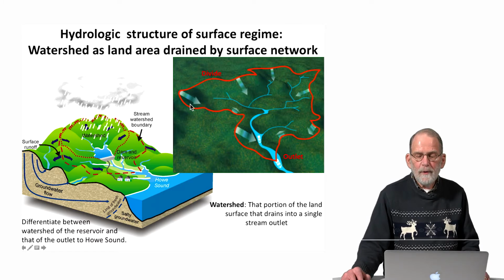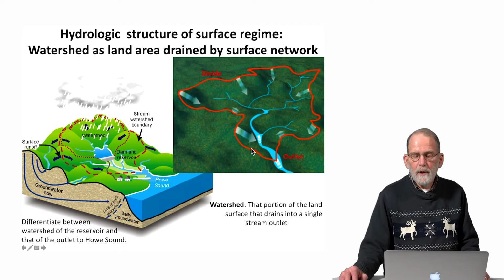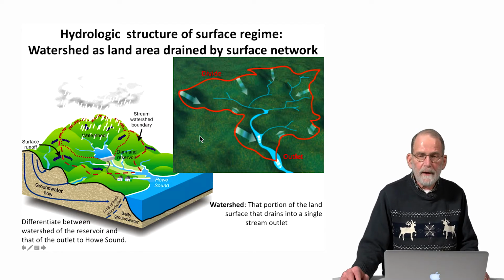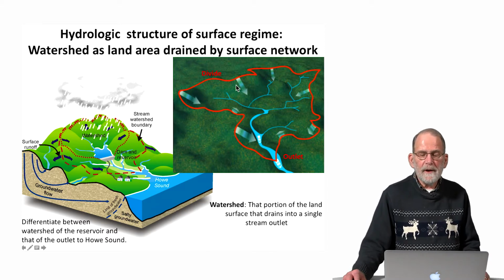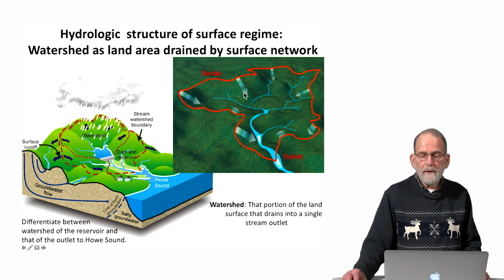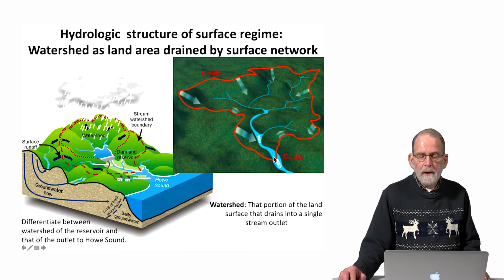The divide represents that portion of the land surface where raindrops are falling outside of the watershed and therefore not contributing to the outlet, versus raindrops that are falling inside of the divide and contributing to flow through the outlet.